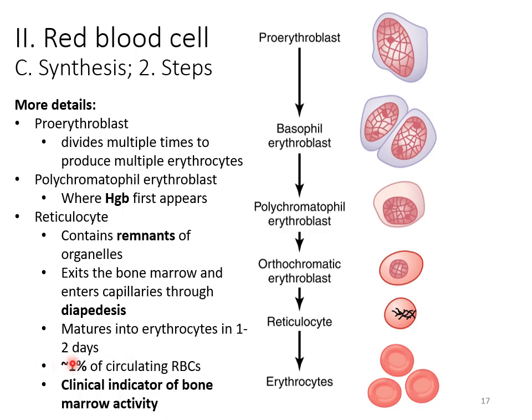If there are too many reticulocytes, your bone marrow may be very active because you need to produce more blood cells. If it's too low, your bone marrow may not be very active. Maybe there's a deficiency in nutrients preventing the bone marrow from making new blood cells. So this is a very good clinical indicator for bone marrow activity.